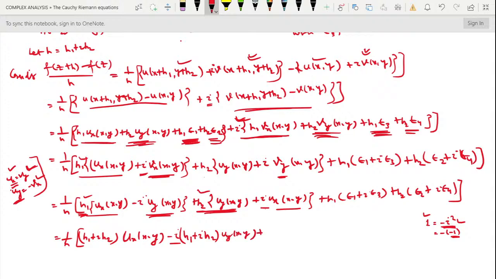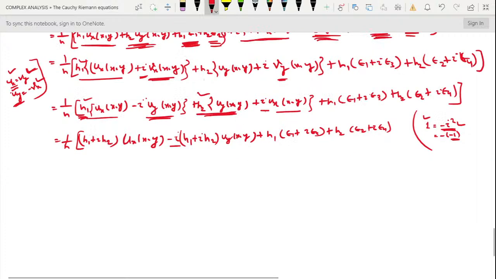Then whatever is left, h1 times epsilon 1 plus i epsilon 3, then h2 times epsilon 2 plus i epsilon 4. Okay. So then in place of h1 plus i s2, I will write h. So this is h by h, it can cancel out, then it can add ux at xy.